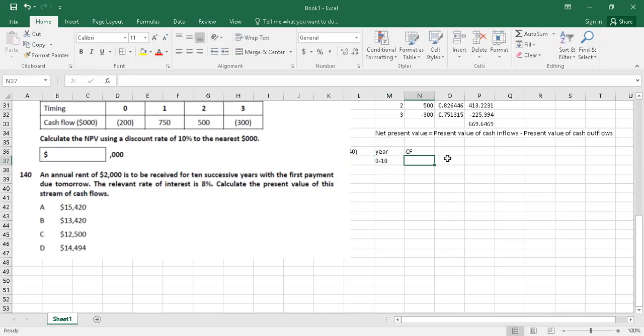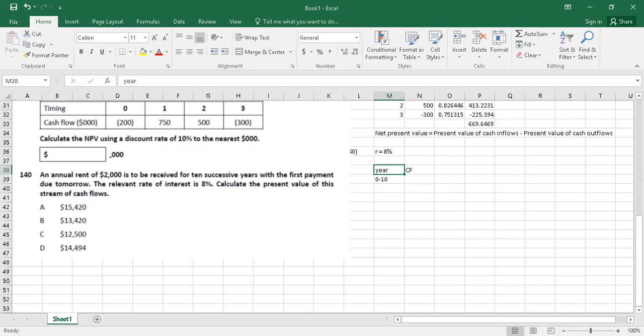The rate of interest R is given as 8%. The first rent will be paid tomorrow, and it would be received for 10 successive years, starting from 1, 2, 3, 4, and so on.